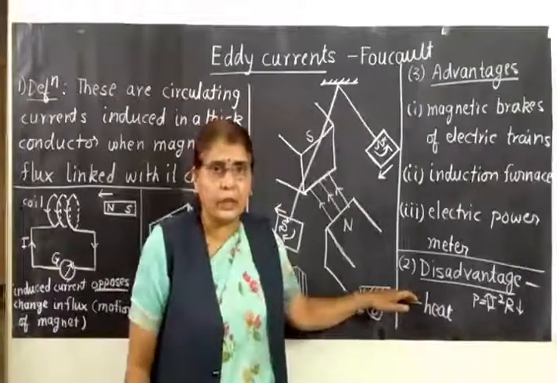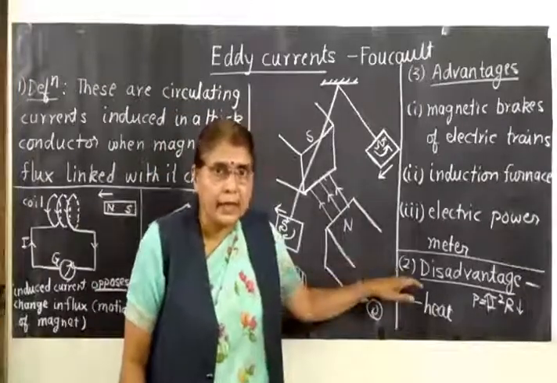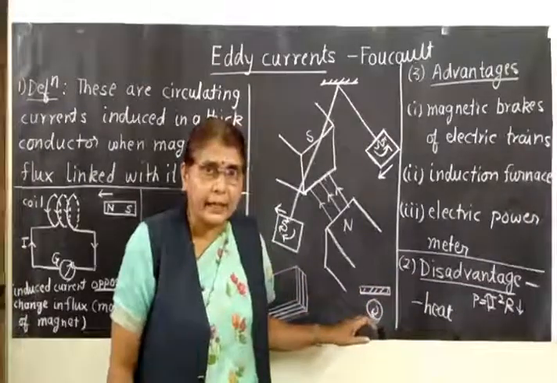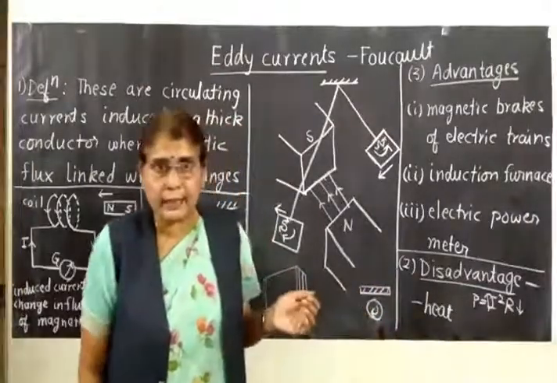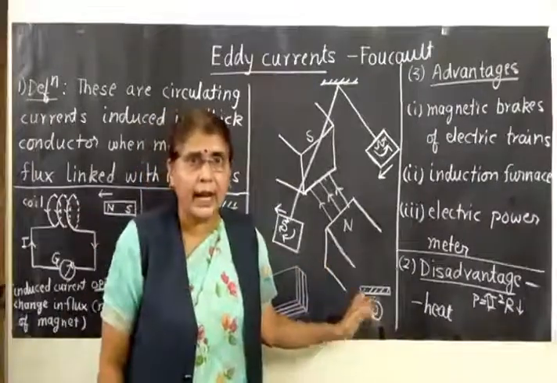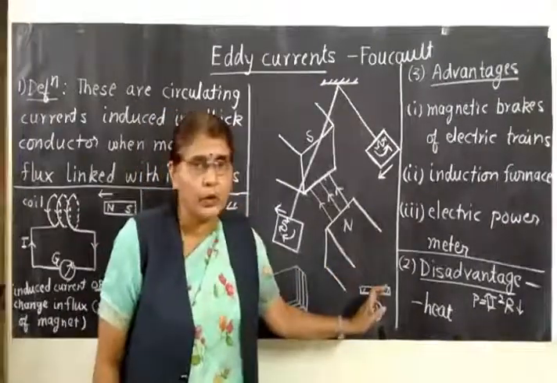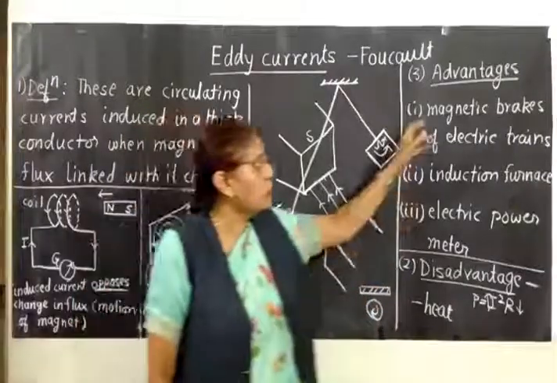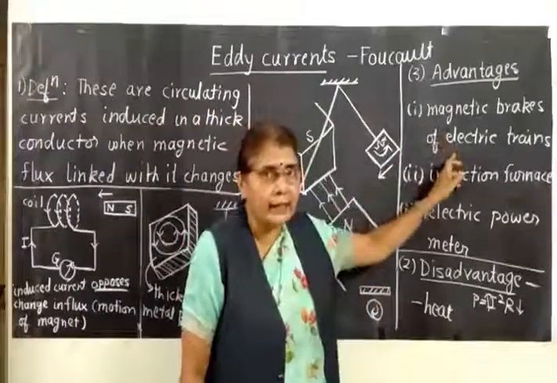Current is passed through the electromagnet. When current is passed through the electromagnet, a magnetic field is created and the wheels will be rotating in the magnetic field. Therefore flux changes and eddy currents are induced in them, and these eddy currents will stop the motion of the wheels. So the train comes to rest. So it is used in the magnetic brakes of electric trains.